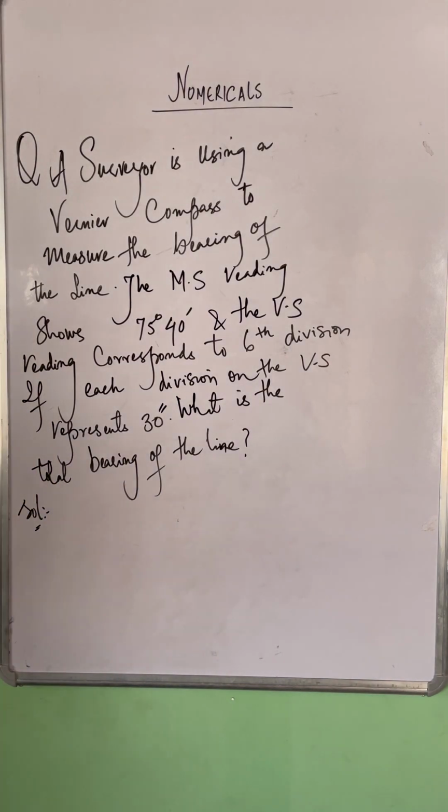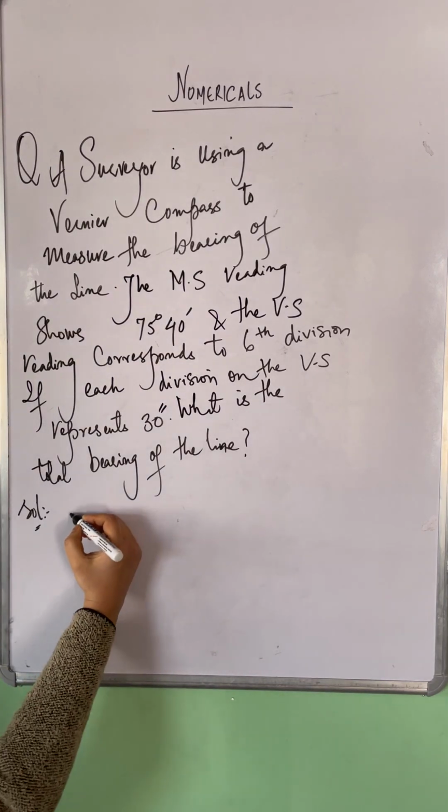So the question is, a surveyor is using a vernier compass to measure the bearing of a line. The main scale reading shows 75 degrees 40 minutes and the vernier scale reading corresponds to the 6th division. If each division on the vernier scale represents 30 seconds, what is the total bearing of the line?